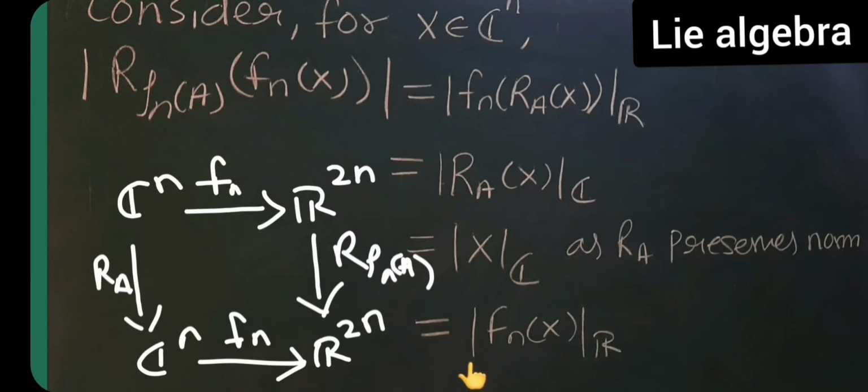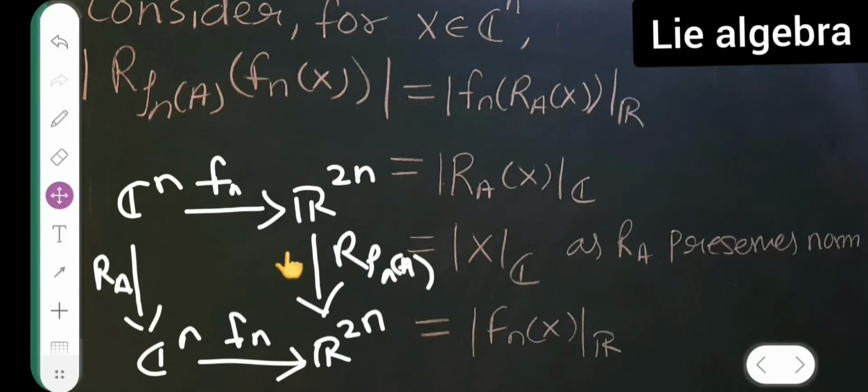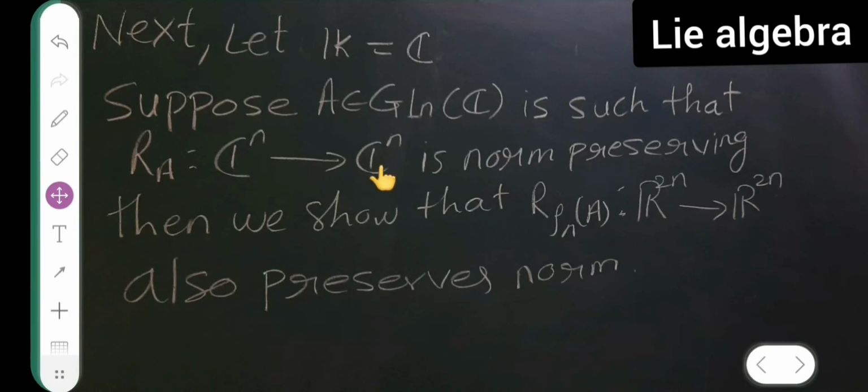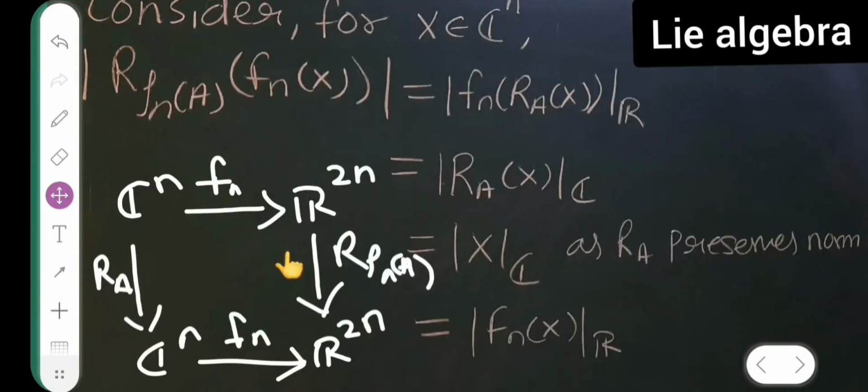Now this is equal to fn of x. Finally we will get this. So this is how we mapped Cn to Cn, that RA thing. I think in the second chapter we have done it entirely, so you all can go to it and check.